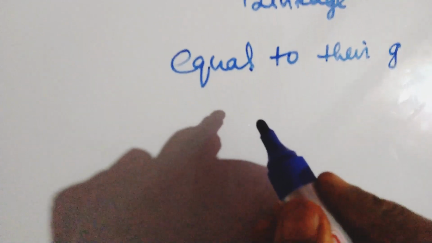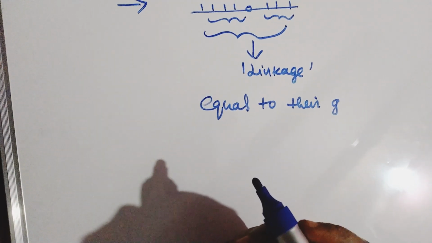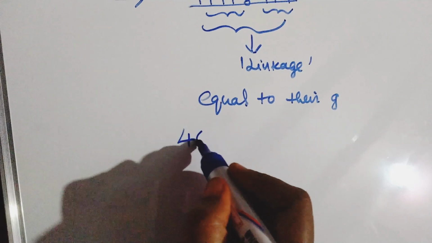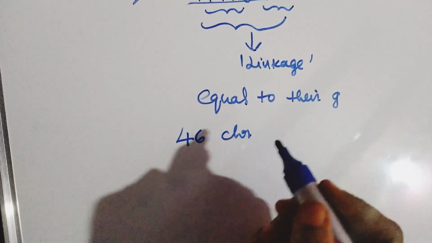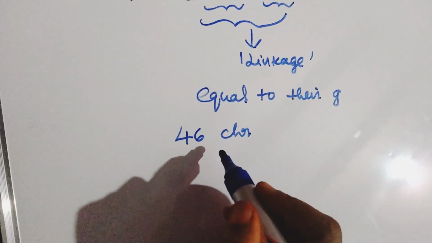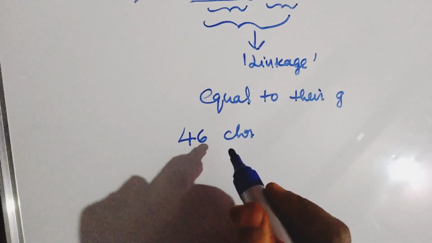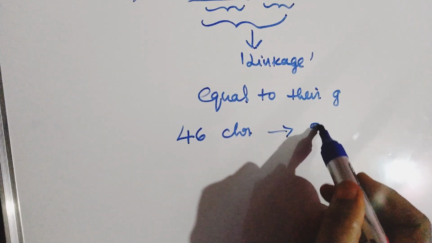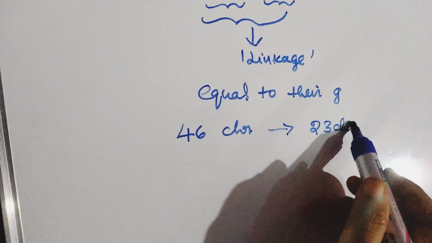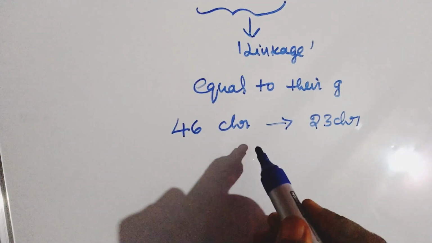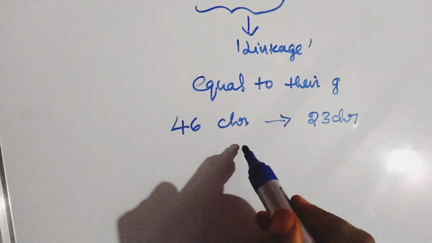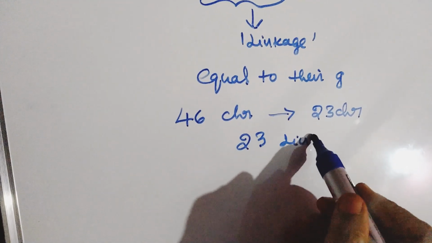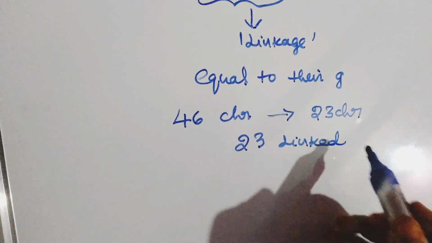For example, in humans, there are 46 chromosomes present in every somatic cell. So their gametic number is 23 chromosomes. That means all human individuals have 23 linked groups or linkage groups.